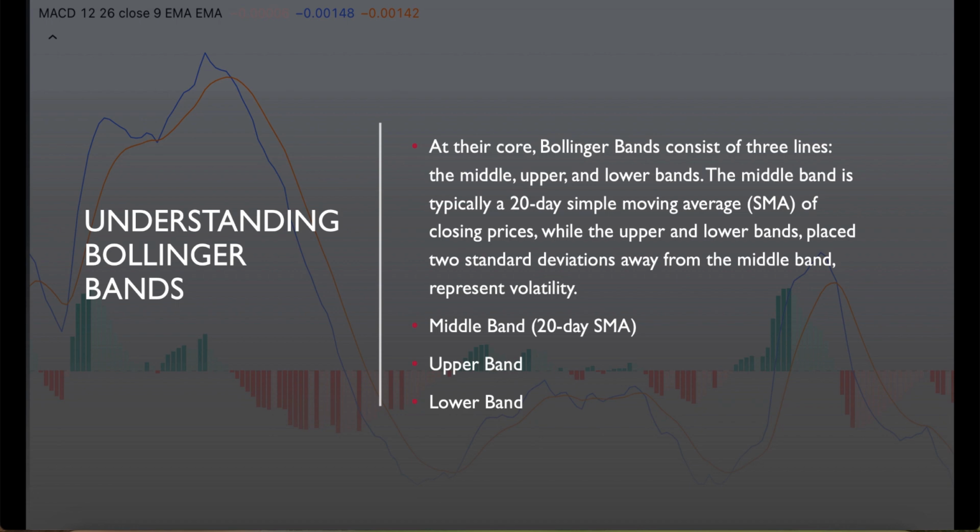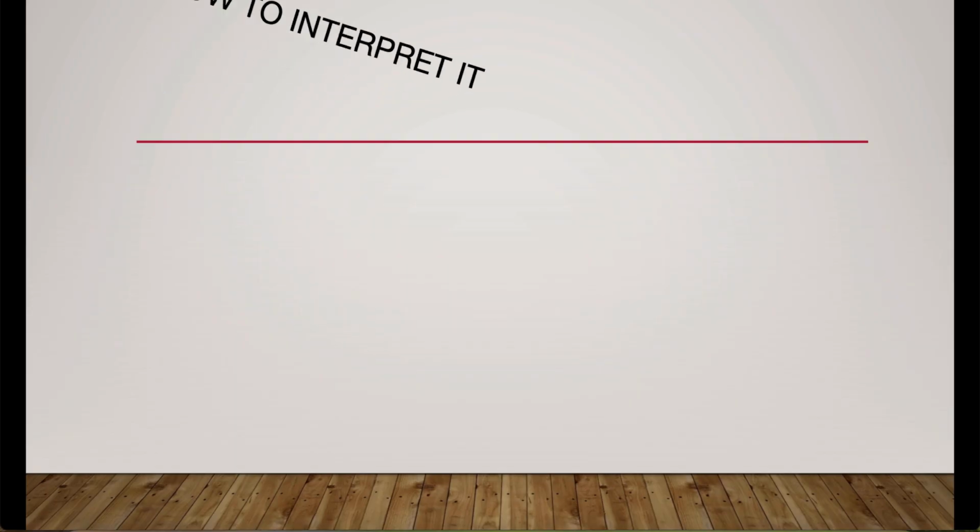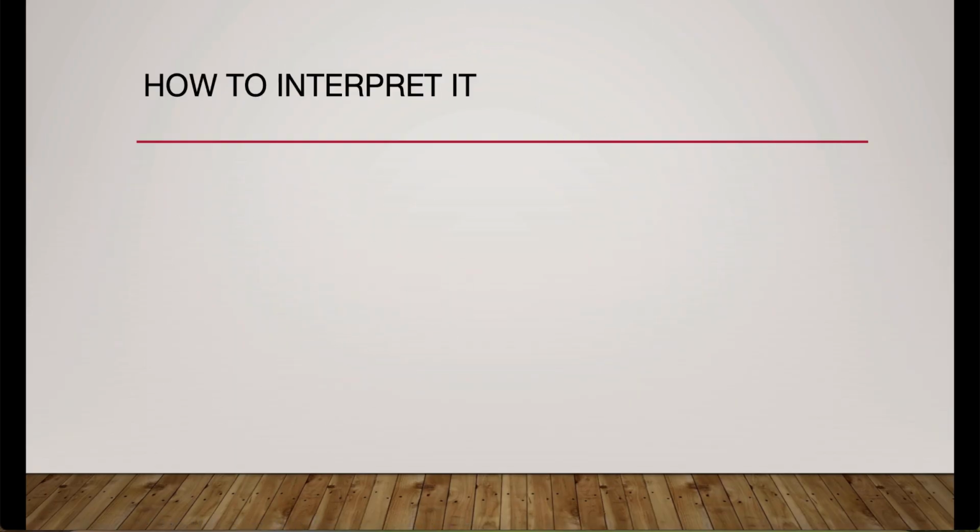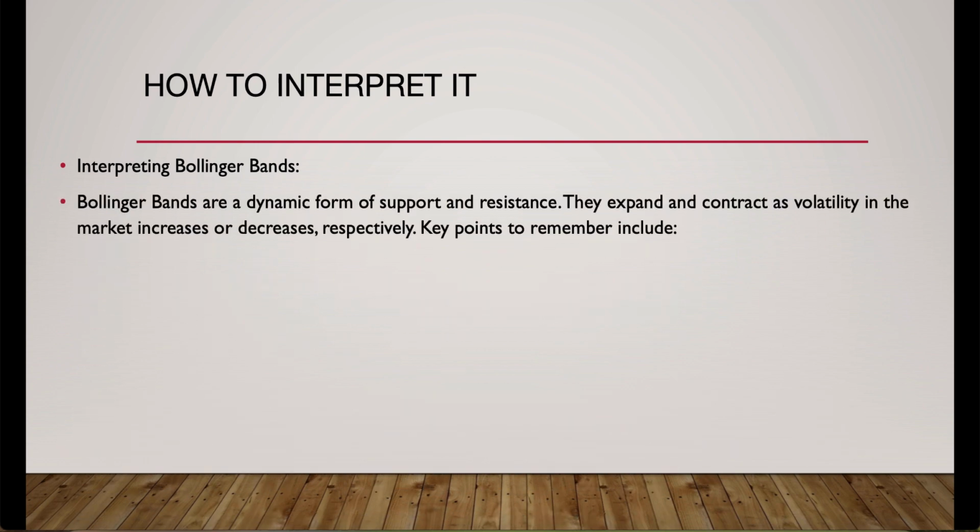So it's really important that we understand the dynamics of this indicator and how it works. Again, how do we interpret it? That's a really important part. So basically, Bollinger Bands are technically a support and resistance type of indicator.